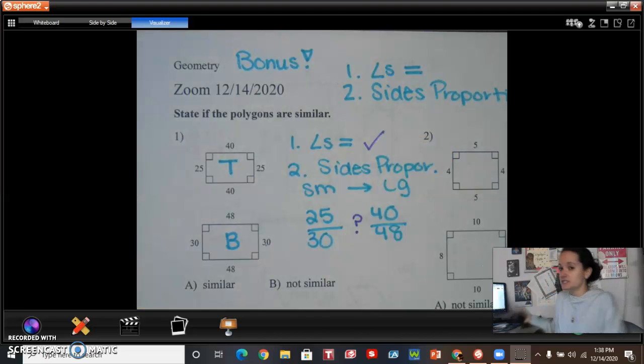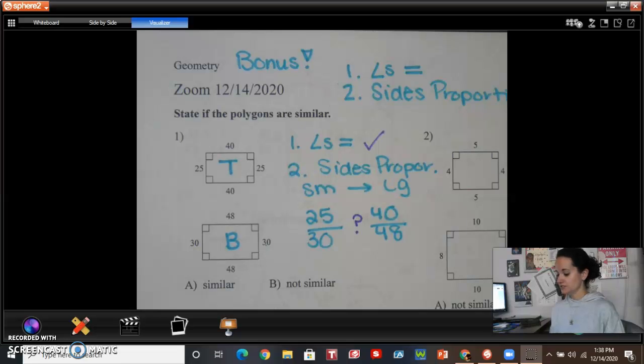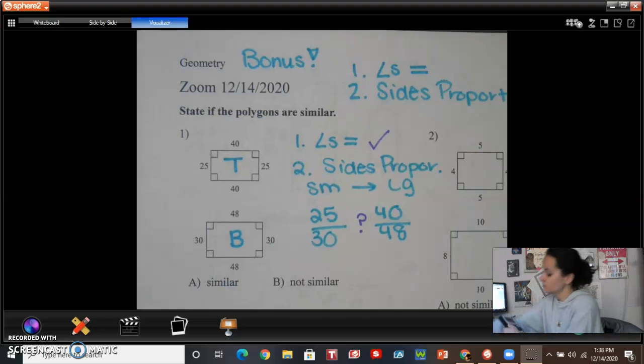So we take our handy dandy calculator and we're going to go 25 over 30. Sorry, I hit the wrong button on my calculator. We got 5 over 6.